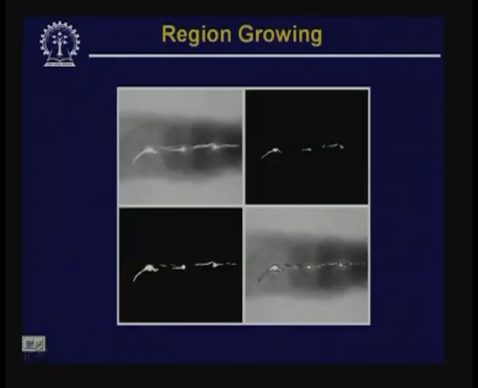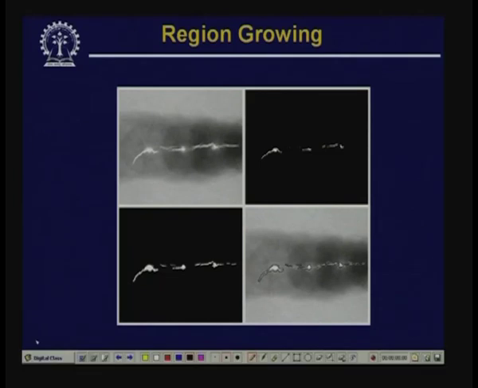Here is an example. This is an X-ray image taken from a weld, and in this X-ray image there may be some cracks or some faults within the welded region, and these faults can be captured by using an X-ray image.